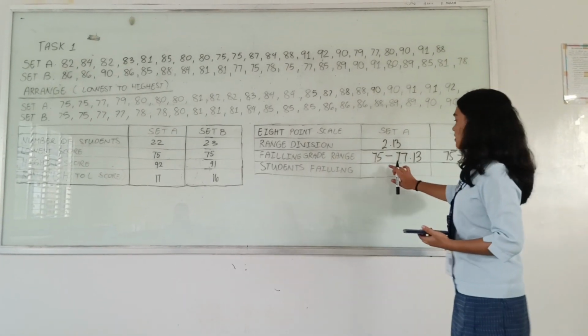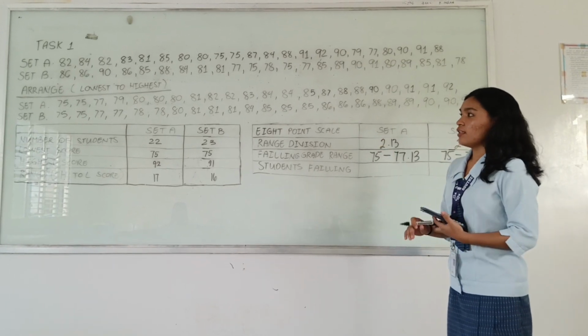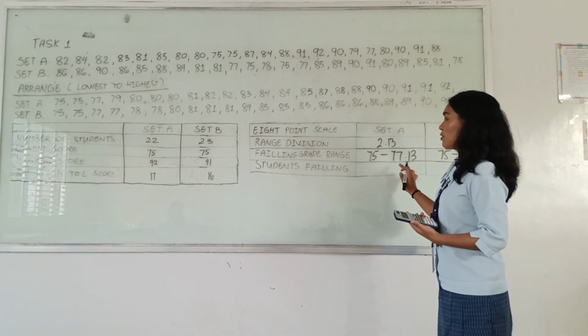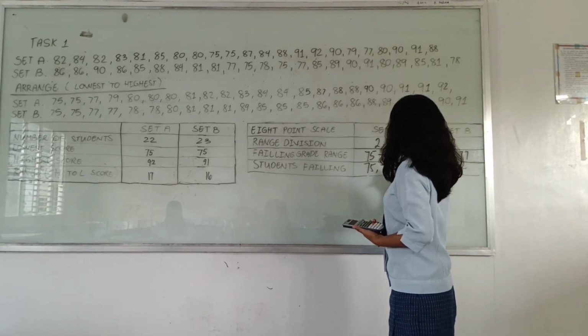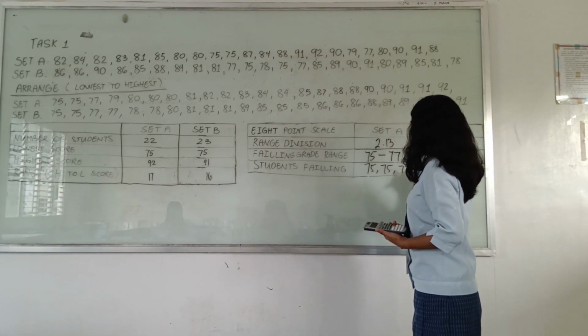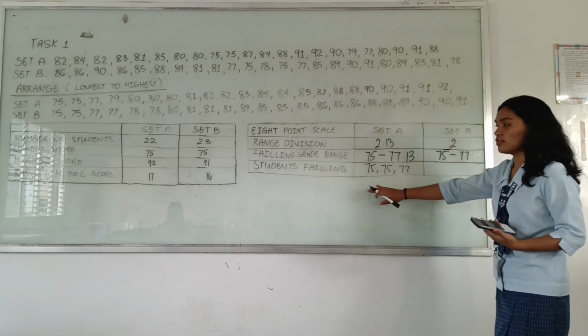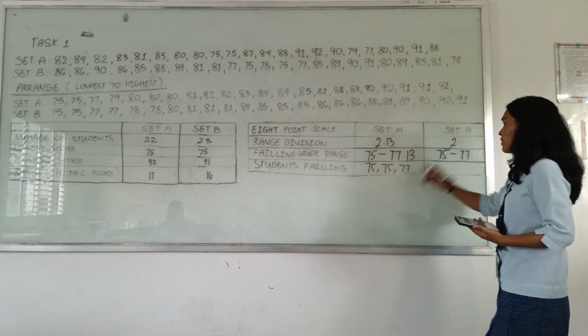So in set A, the grades 75, 75, and 77 are the failing grades.